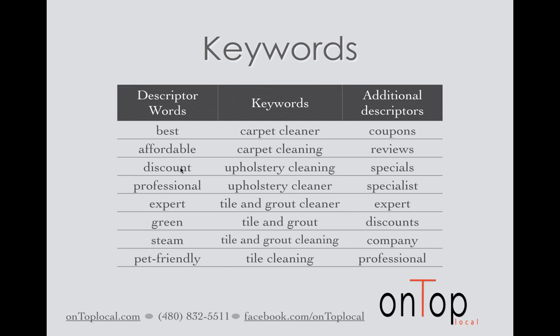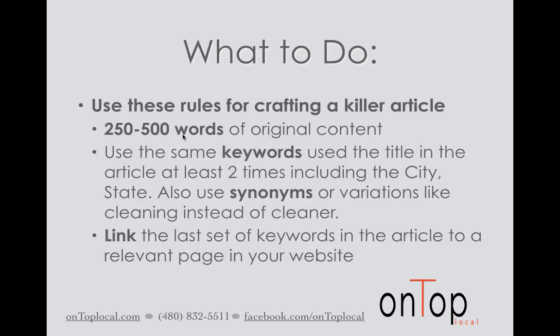It might be discount carpet cleaning in Gilbert, Arizona, pet-friendly tile cleaning in Gilbert, Arizona, professional upholstery cleaner in Gilbert, Arizona, expert carpet cleaner specialist in Gilbert, Arizona, and you can see you can just keep going. You could keep going using descriptors on the front, on the back of these keywords, or on either side. You can mix and match these, giving you hundreds of options for your titles.